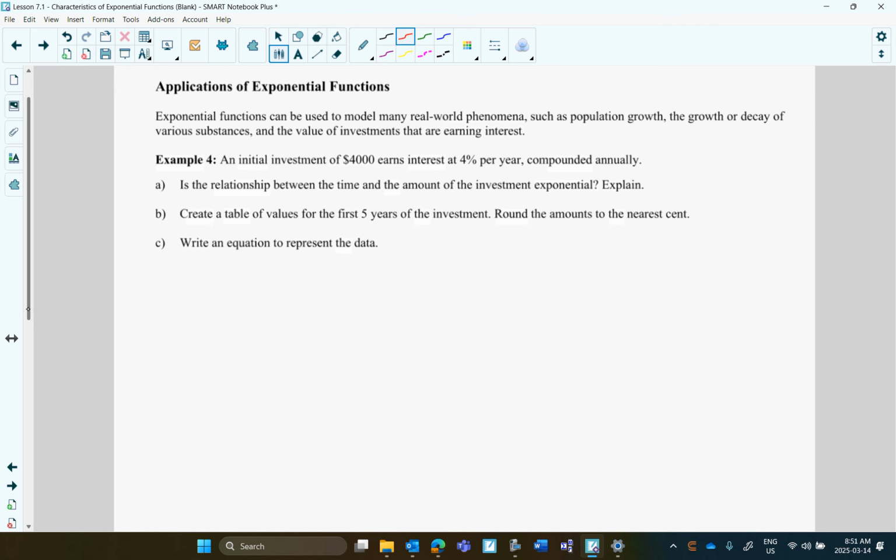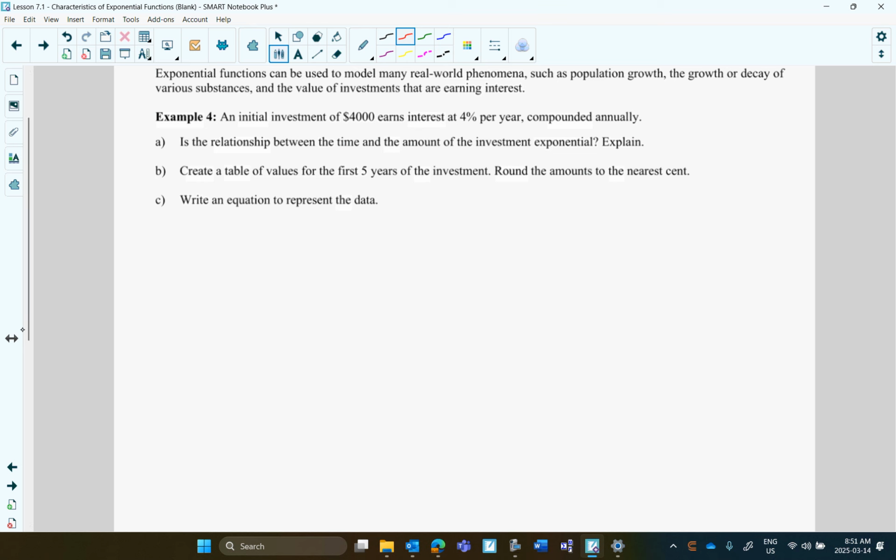So let's look at this one. You've got an investment of $4,000 that earns 4% a year, compounded annually. All that means is interest is calculated once per year.